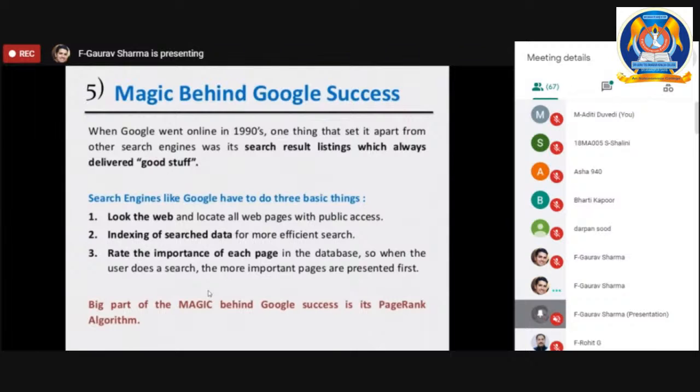So, the magic behind Google's success. Which search engine is the first that comes to our mind? Google. Now, see how Google has done this. When Google went online in the 1990s, one thing that set it apart from other search engines was its search result listings, which always delivered good stuff.